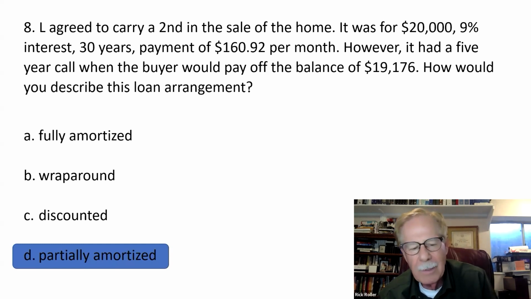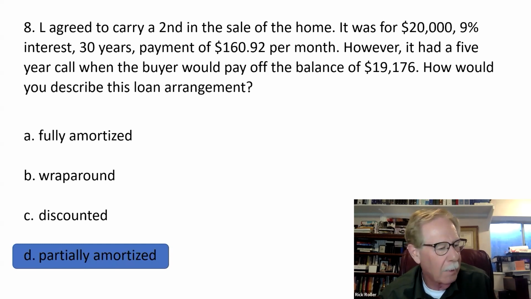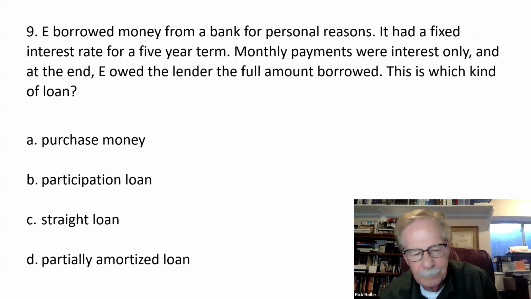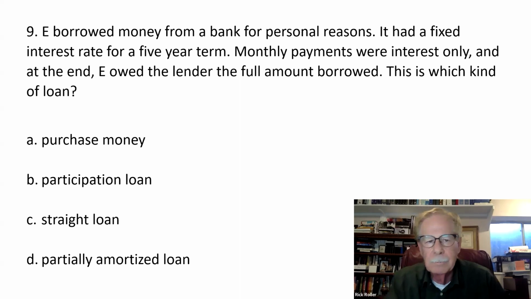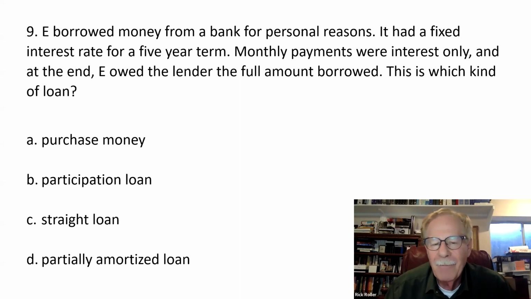Okay, let's look at number 9. Now, number 9 says E borrowed money. Okay, that makes sense, from a bank for personal reasons. It had a fixed interest rate for a 5-year term. Monthly payments were interest only, and at the end, E owed the lender the full amount borrowed.